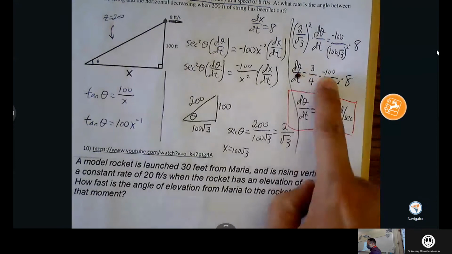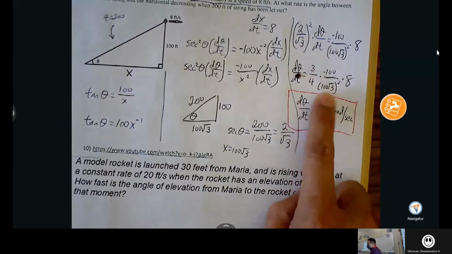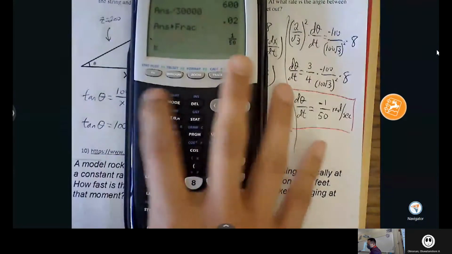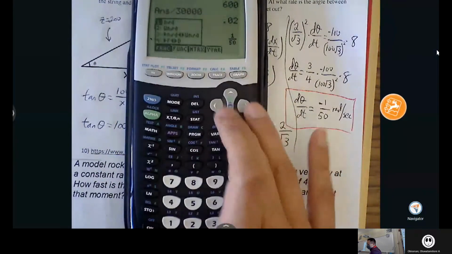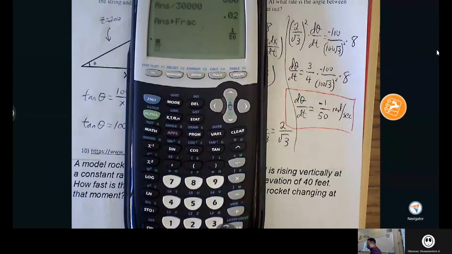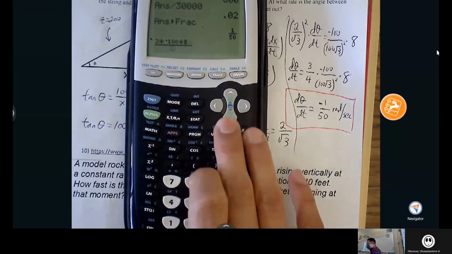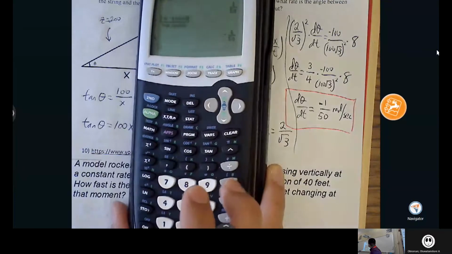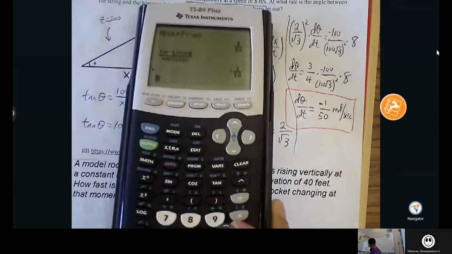So 3 times negative times 8 over 4 times 30,000. Oh, okay. I can just put it all in one fraction if I want. Oh, okay, that makes sense.